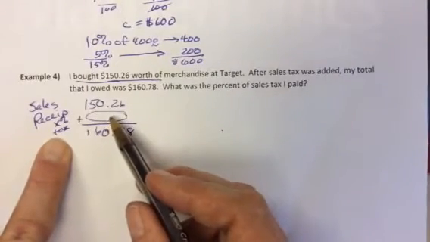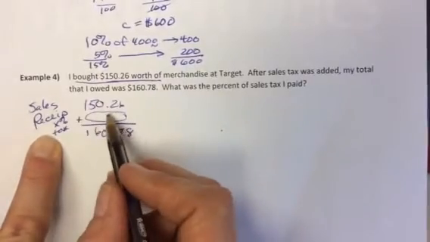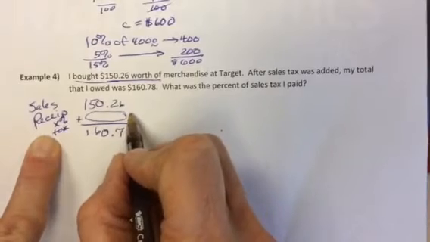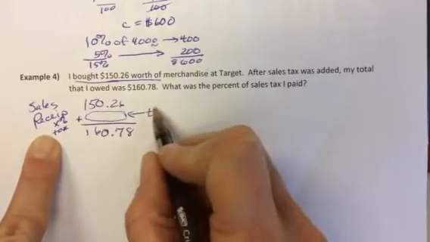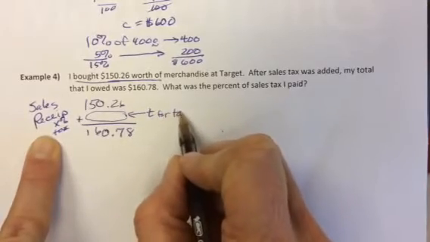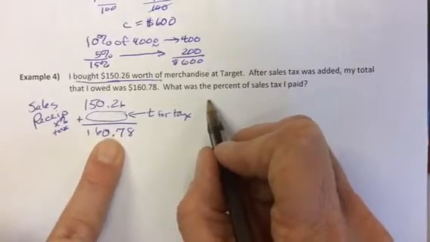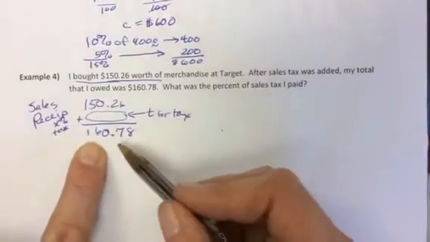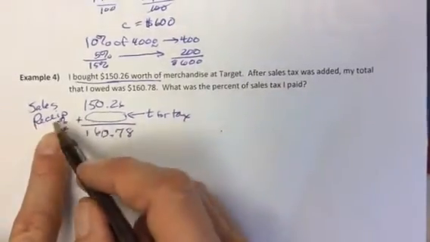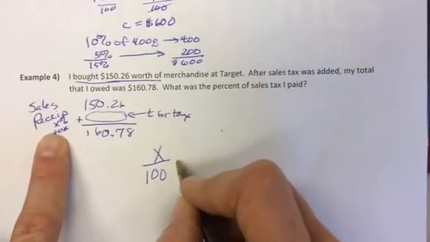So we first of all have to figure out what this part is right here. How much money is that? And then we can figure out what that percent is. So we're adding this part here, which is what we're trying to find. How about we call it T for tax. We know that if we have our bill plus the tax, we get $160.78. We know our percent is going to be X, we don't know what it is, so we'll put X over 100.